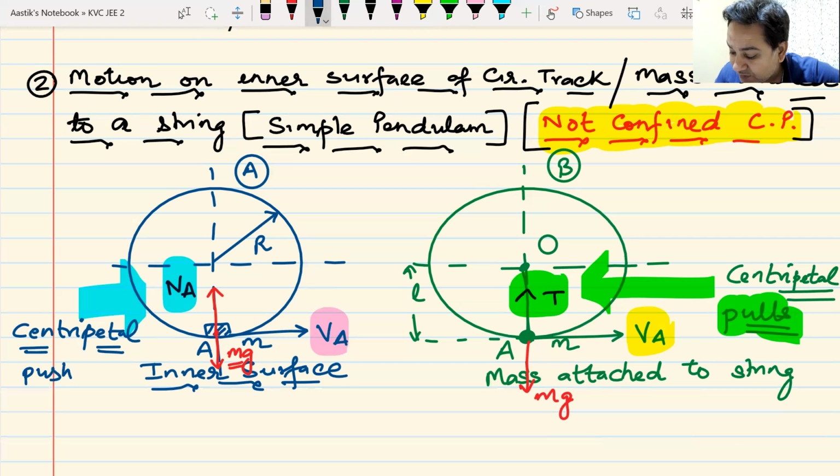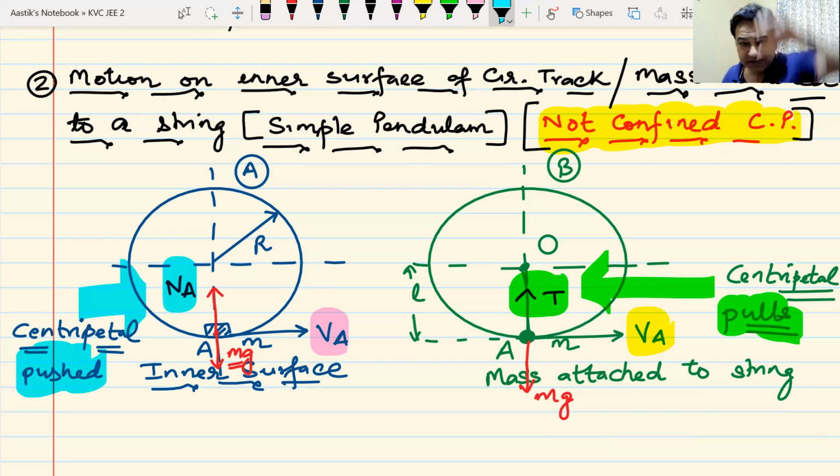Do you understand the difference? Pulled up and pushed up. The track is pushing it, but the string is pulling it. Do you understand this?